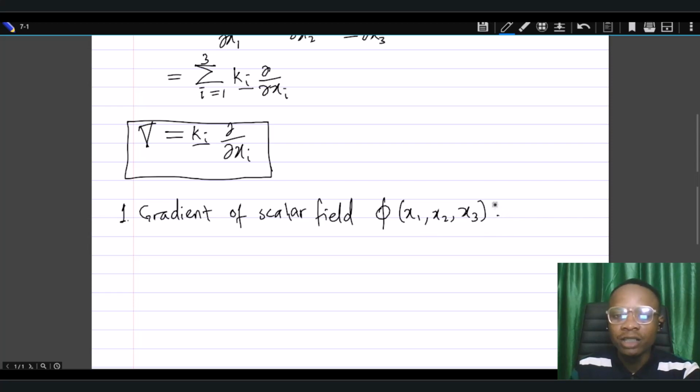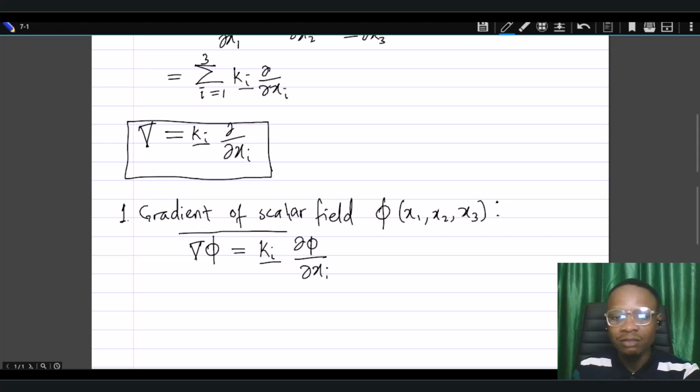So if we want to get the gradient of a scalar field, by what we have done so far, it is nabla phi. We can write that as ki del phi del xi. That is simply ki del xi, which we have defined for nabla, multiplied by phi. So phi comes in front of that, so that will be del phi del xi.